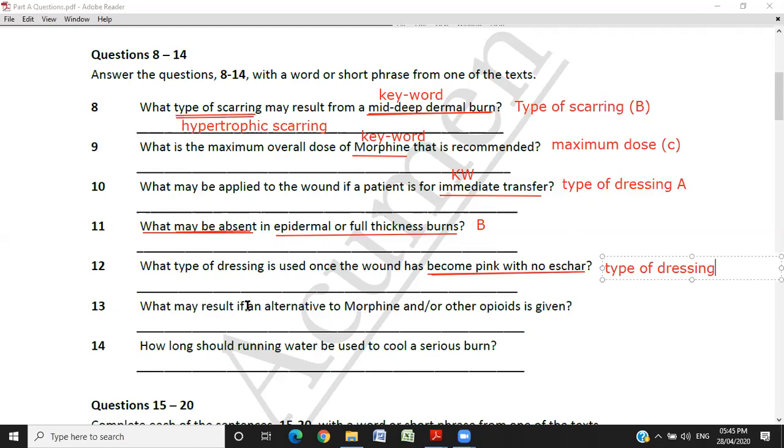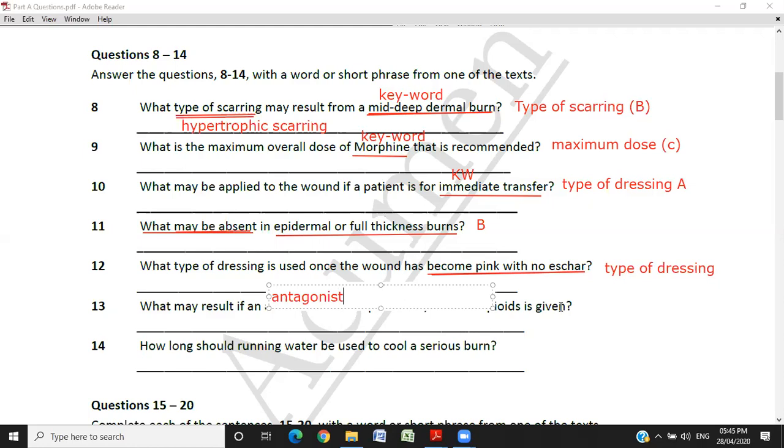Then what may result if an alternative, sorry, here there is a problem with the question. It is not an alternative, it should be antagonist. Okay, not alternative, antagonist.